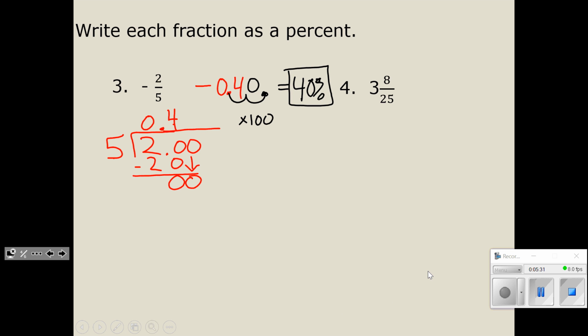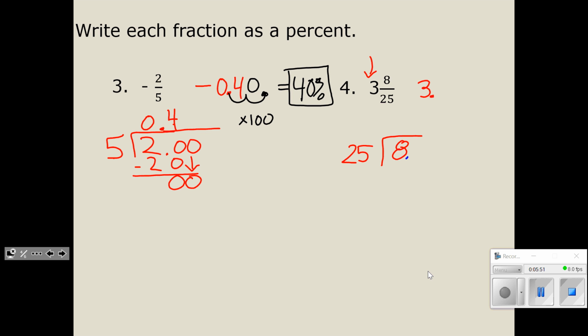Example 4 is 3 and 8/25. So I know it's going to be 3 point something because of our whole number. And we'll divide the fraction 8 divided by 25.